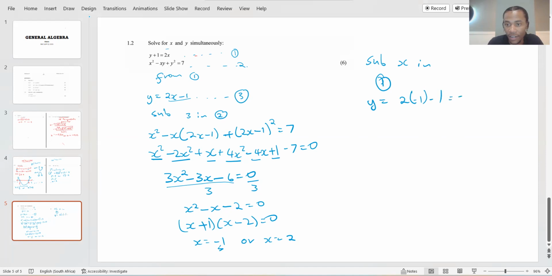You have negative 3. So you have negative 1, negative 3. Then again, y equal to 2, so the value of x is 2. Then I have a positive 3. So my coordinates are 2, 3. There we go.